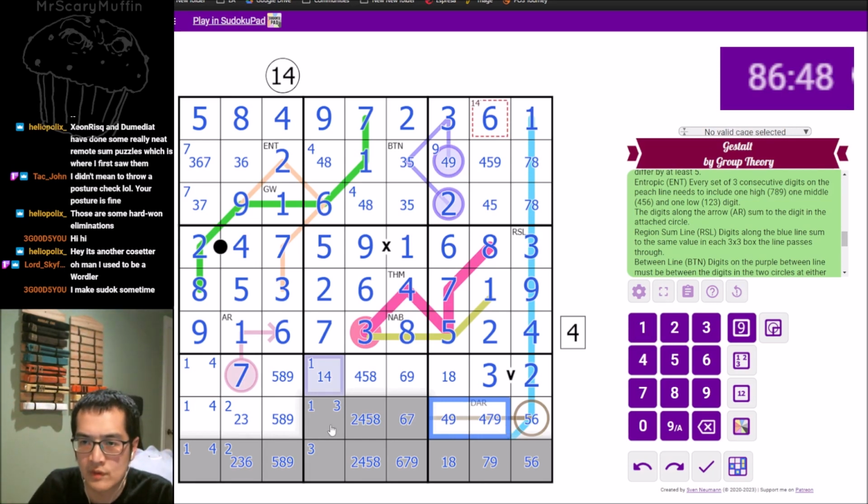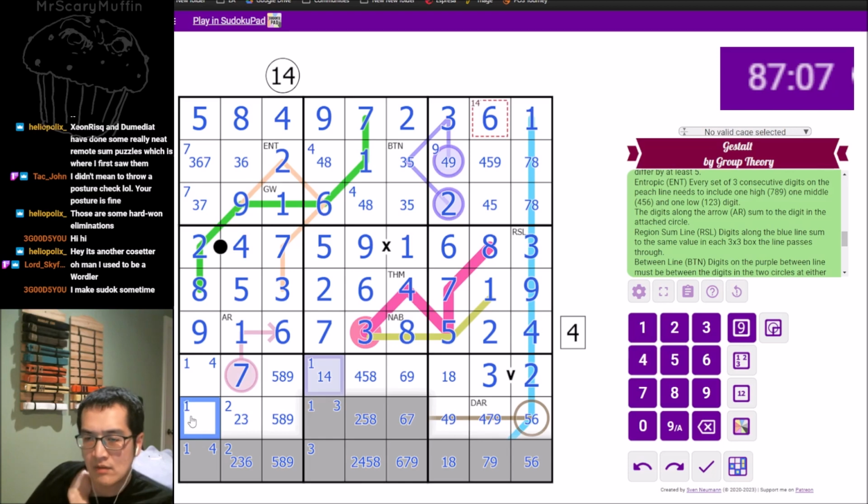Okay, there's always a 4 on this line. This is not a 4. This is not a 4. Can we get rid of the 1 somehow? Maybe? Probably not. 1 is here.